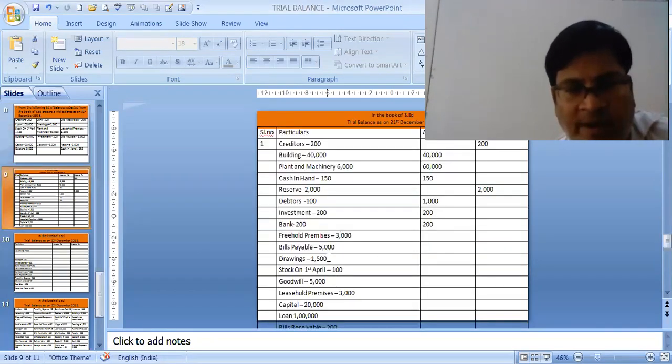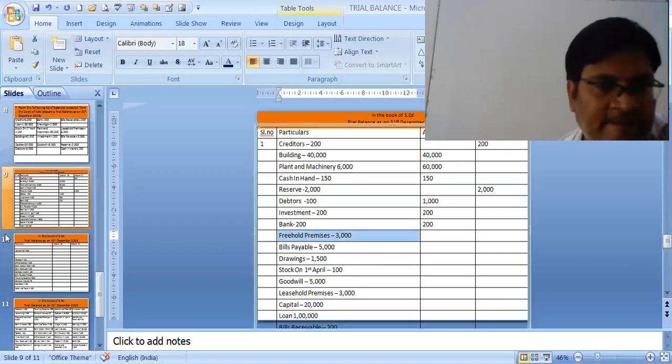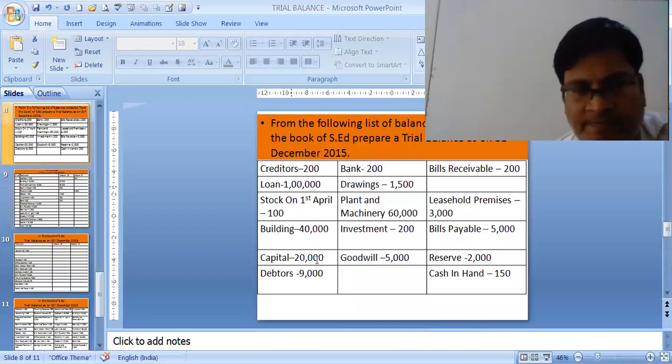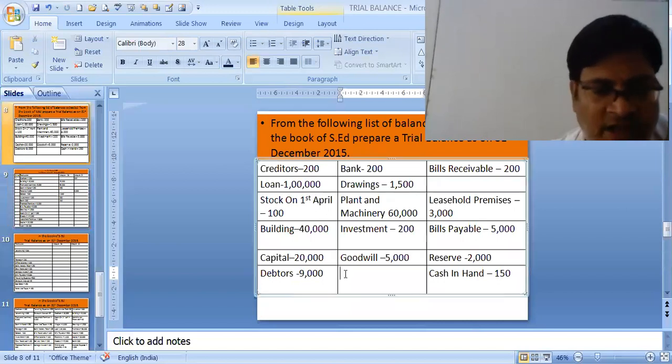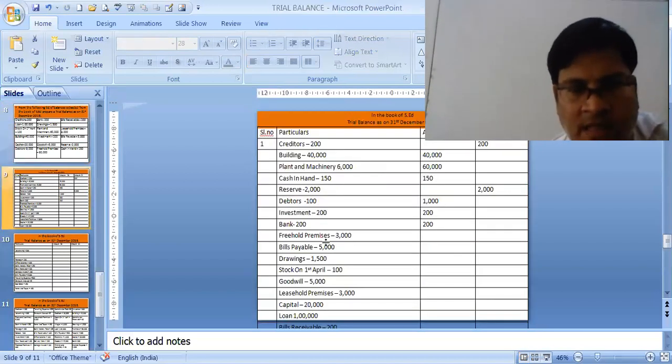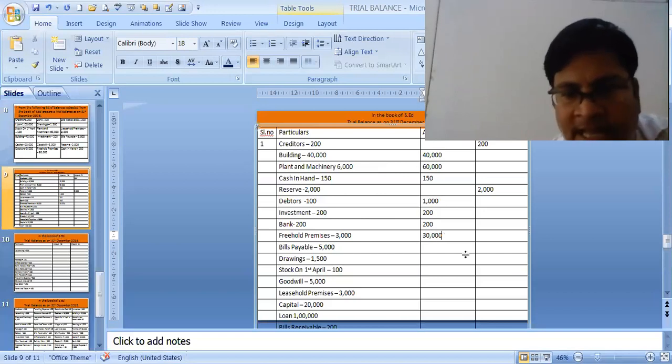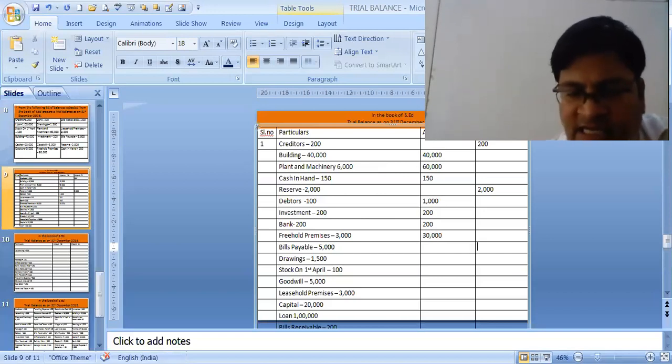I wrote over here, freehold premises 30,000. Next item, bills payable. The freehold premises is also an asset. Bills payable is a liability.